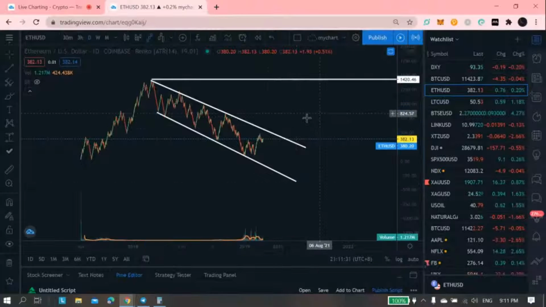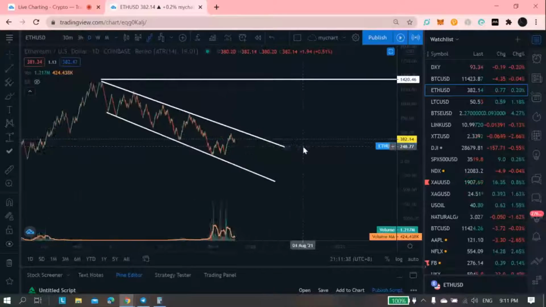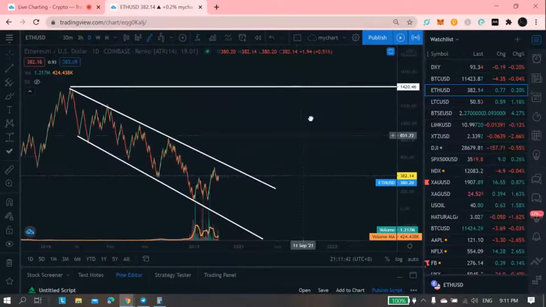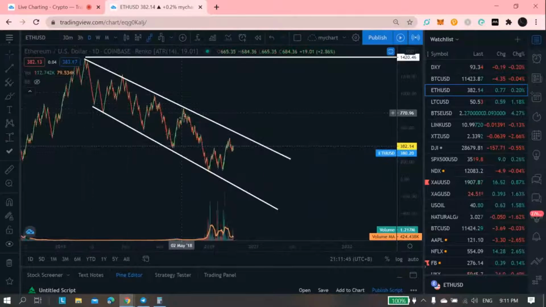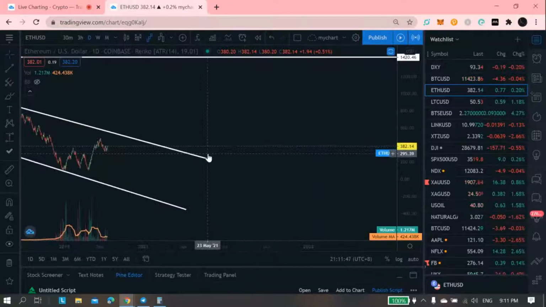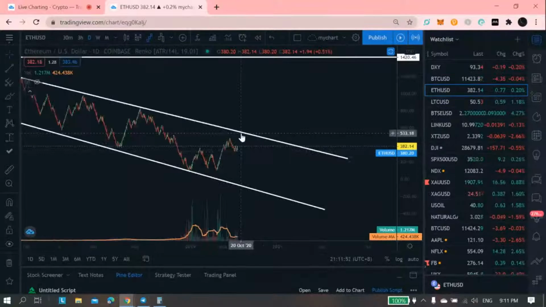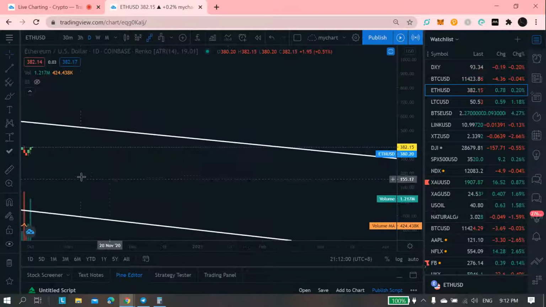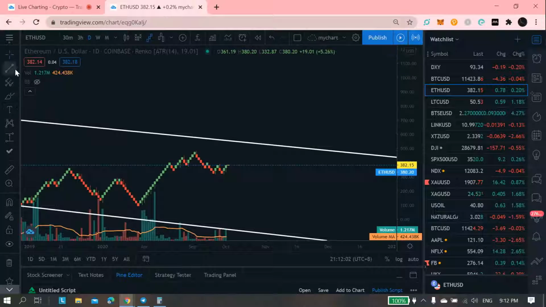But unlike Bitcoin, which has already broken out of the long-term downtrend, Ethereum is still in the downtrend channel, though it's already moving higher and trying to retest the previous high, this area around 475. So this is the resistance I'm currently looking at, the 475 area.